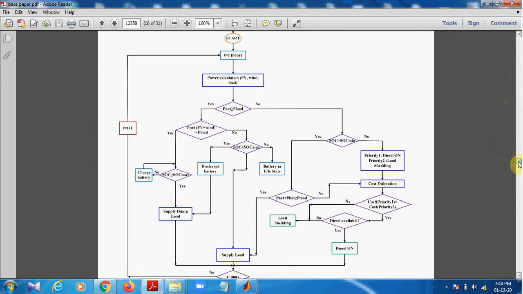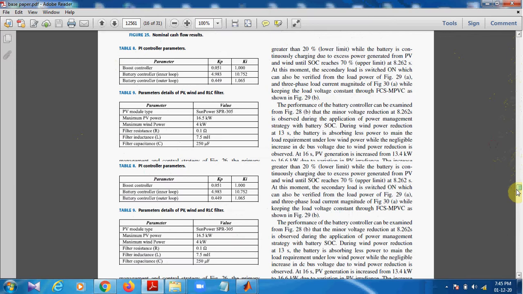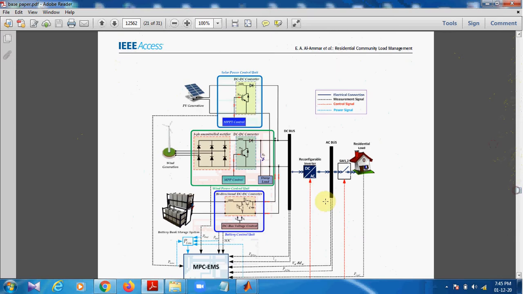This is the basic structure which we are going to analyze. This is the section where the MPC control takes the decision based on the power supply, that is load requirement and available sources. So we are going to analyze various aspects of this section.